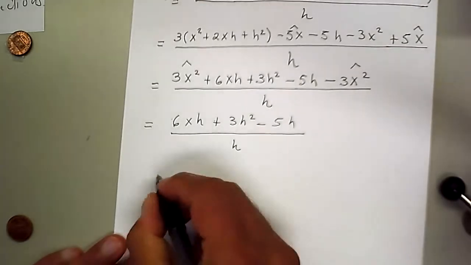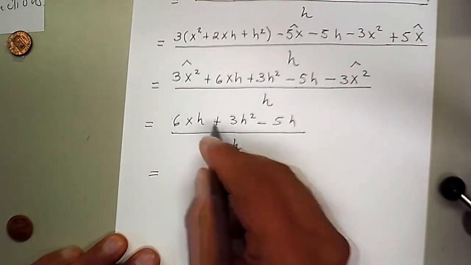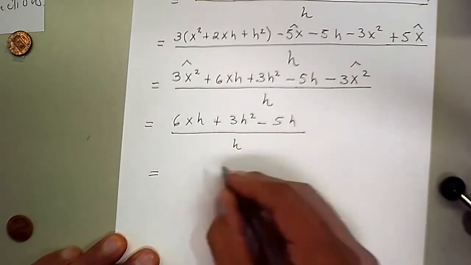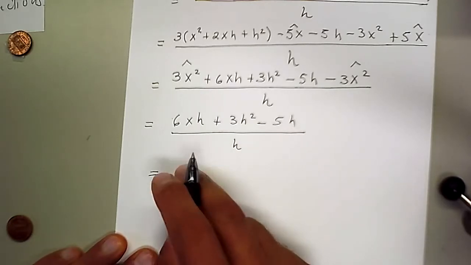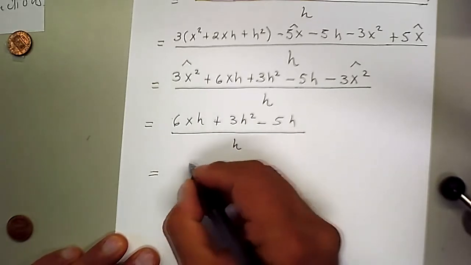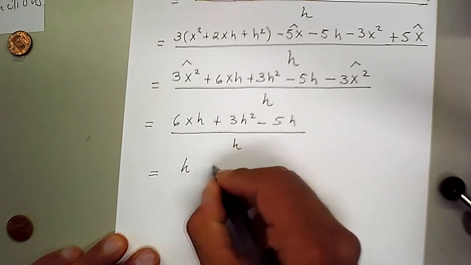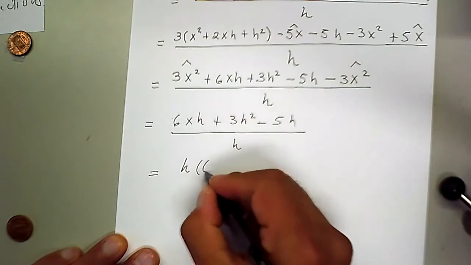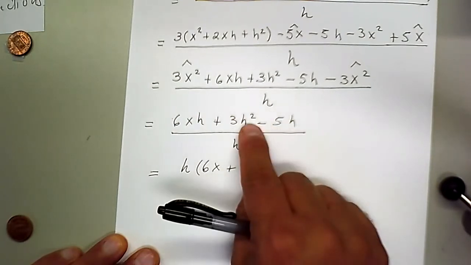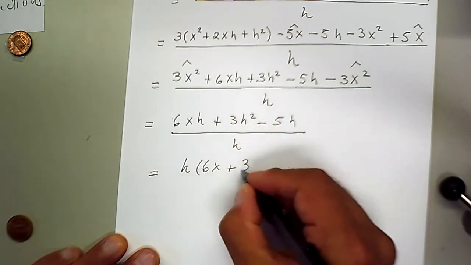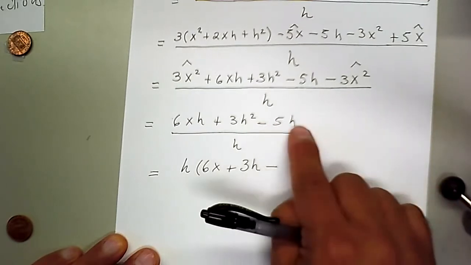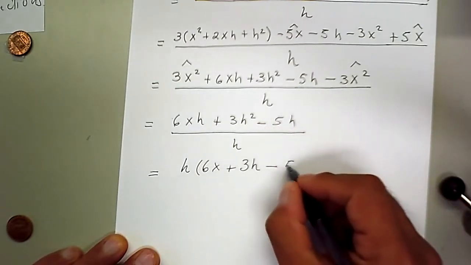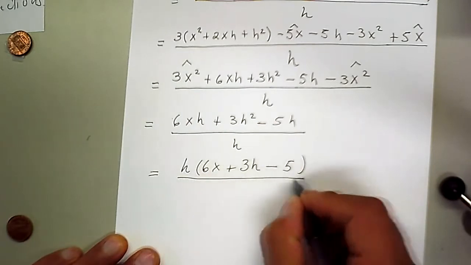So what we do is factor out an h, and it doesn't matter where you put the h, in the front or on the back of what we're factoring. Let's put it in the front, h. So we're going to factor h out of this, and that is 6x, plus 1h out of that is 3h, minus the h out of the 5h is just the 5, over h.